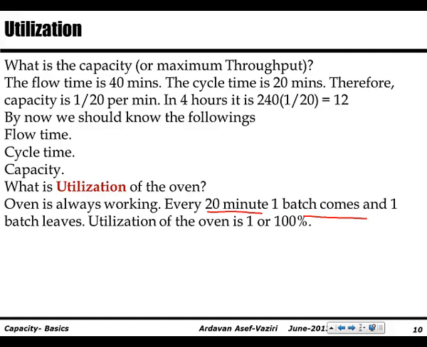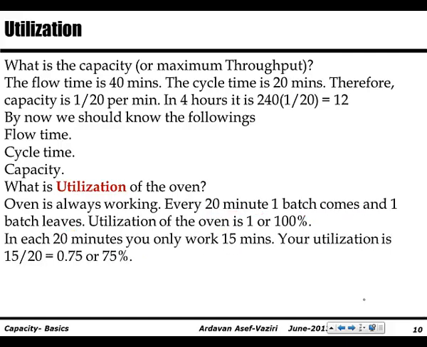Utilization of oven is 100% or 1, because the oven can produce 3 units per hour and we are producing 3 units per hour. So at full capacity, utilization of oven is 1 or 100%.